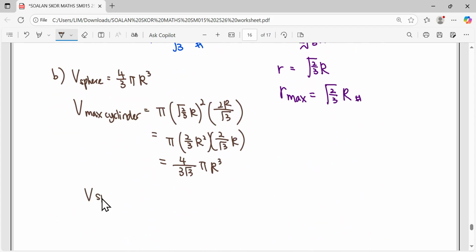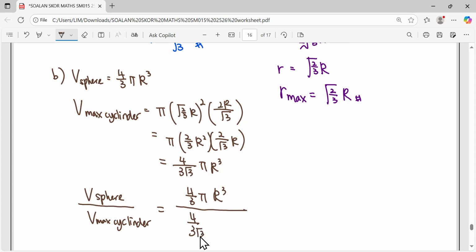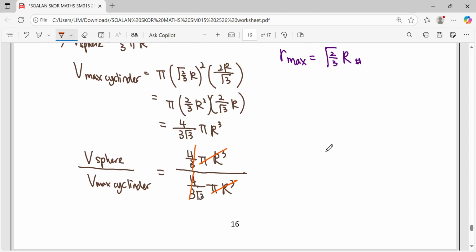So the ratio of the volume of the sphere to the volume of the maximum cylinder: 4 over 3 pi R cubed over 4 over 9 pi R cubed. We can notice that pi R cubed are the same, and 4 over 3 is also the same. Cut it, so finally we get 3. 1 divided by 1 over 3, so 1 times 3, we get 3.